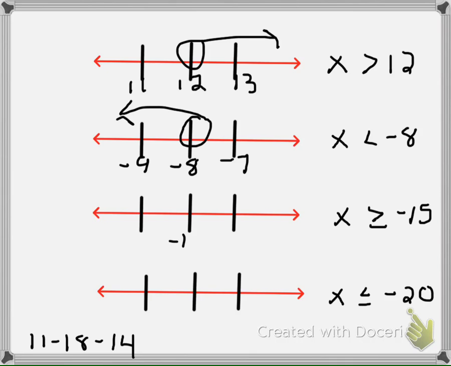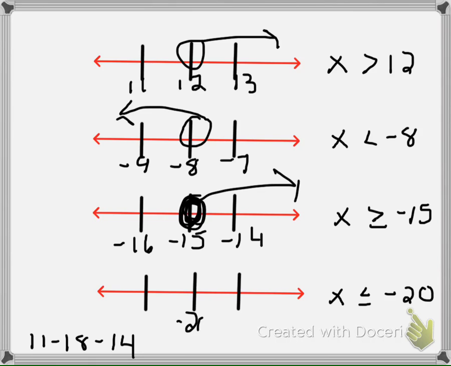Well, we need -15, a number smaller, -16, and a number greater, -14. The numbers that are greater than -15 are to the right, but in this case it's greater than or equal to, so we have to circle it and fill it in. There we go. -20, -21, -19.